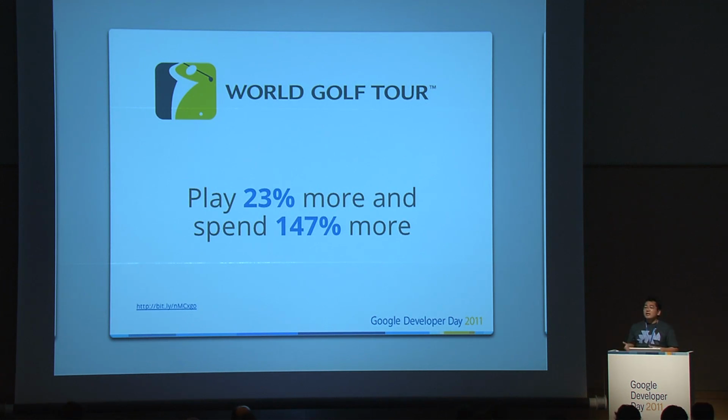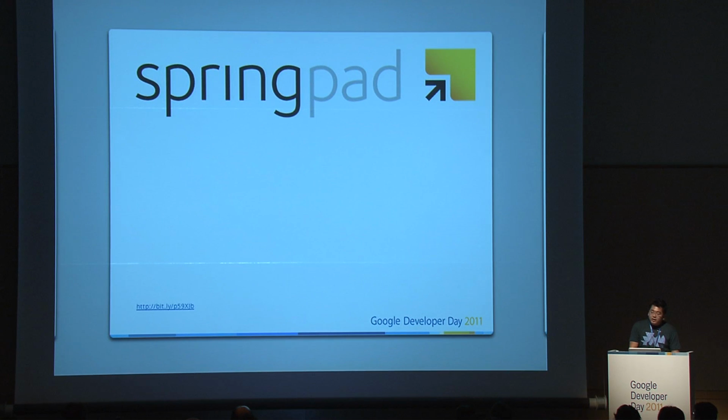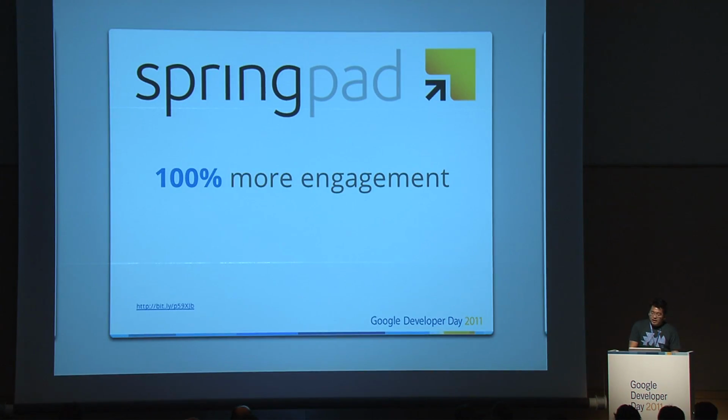If you're interested in this case study, you can find the link at the bottom here. But don't bother copying it down now, because I'm going to give you the URL to this presentation at the end of the slide deck. Another one of our partners, SpringPad, has found that Chrome users are 100% more engaged within the application.